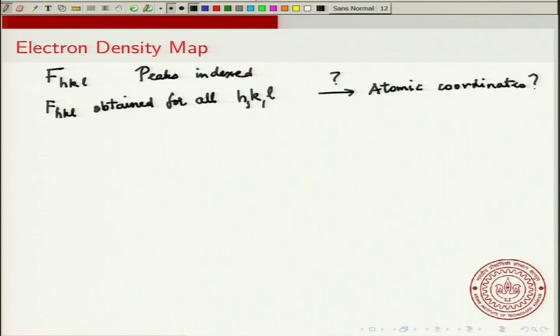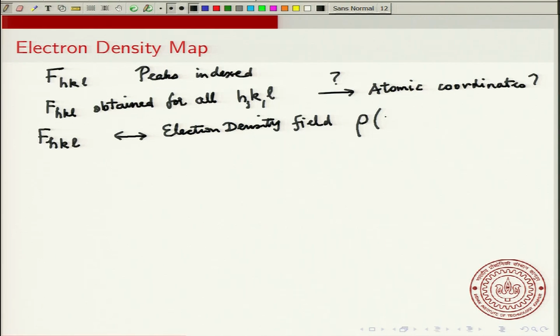Now, this process is done using the following idea, that the f of HKL is related to the electron density, and this electron density field, that means the electron density at some coordinate u, v, w.